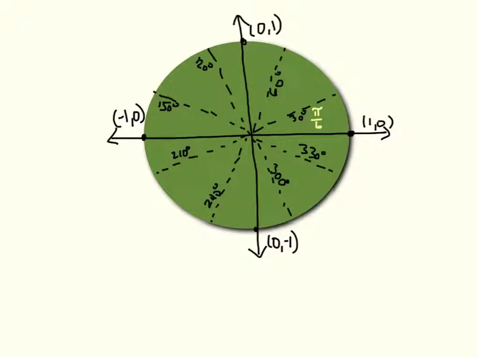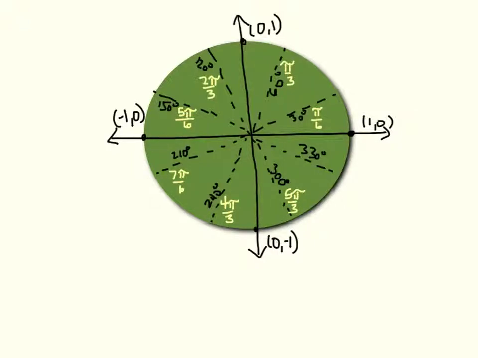And then just keep counting by pi over 6. 2 pi over 6 reduces to pi over 3. 3 pi over 6 would be pi over 2, which is the axis. 4 pi over 6 reduces to 2 pi over 3. 5 pi over 6. 6 pi over 6 is just this pi right here. 7 pi over 6. 8 pi over 6 reduces to 4 pi over 3. 9 pi over 6 is the axis. 10 pi over 6, so 5 pi over 3.